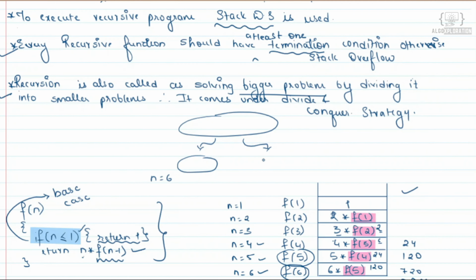We will divide into a smaller problem, and the result of this smaller problem is transferred, or we can say passed, to the parent problem, and in this way we solve the big problem. Since we are dividing the problems, recursion comes under the divide and conquer strategy.